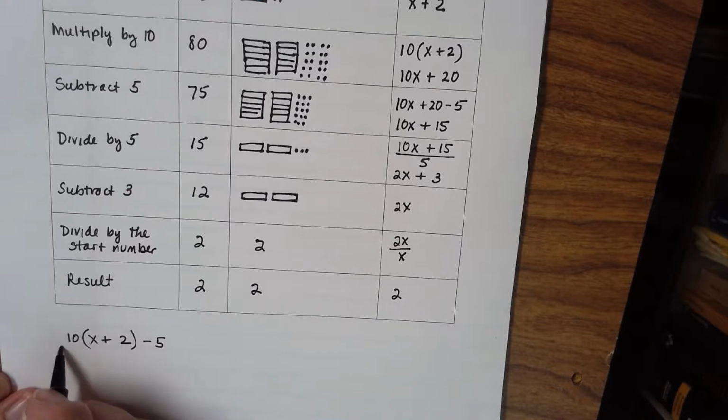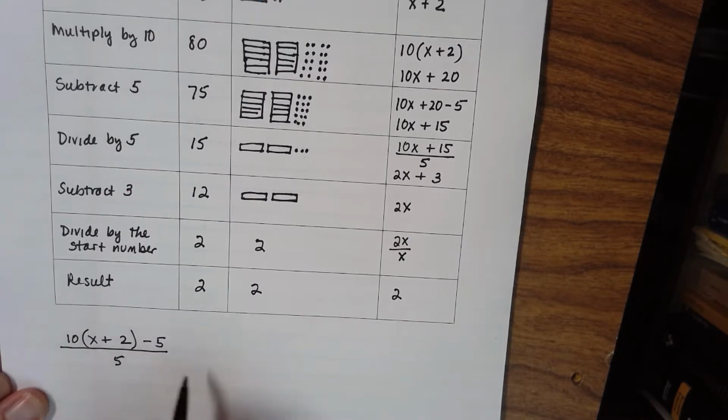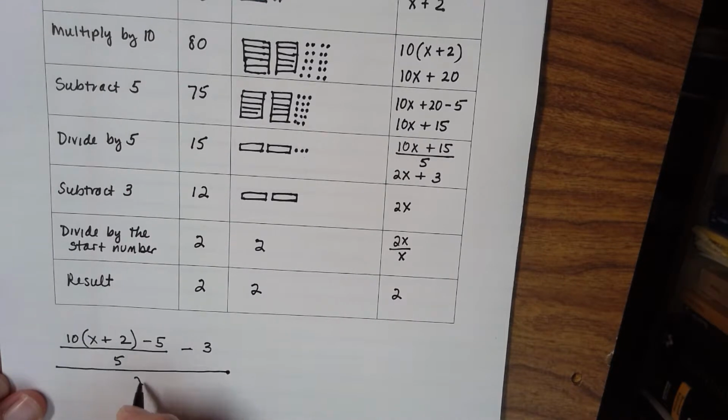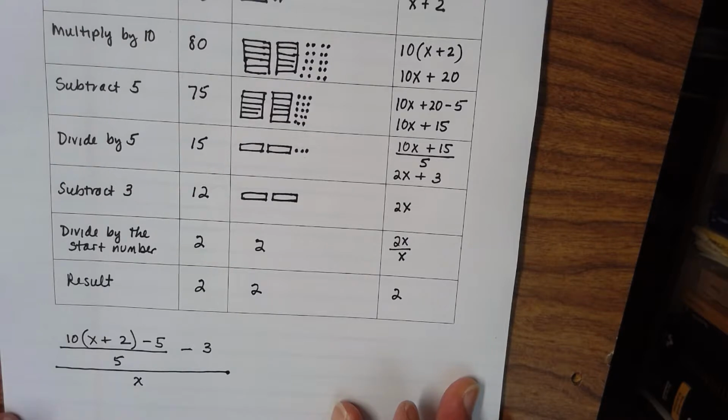Then we divide all of that by 5. Now we subtract 3. Notice that's a separate term after the division. And then divide by the start number. That means we need to put all of that previous work, group that all in the numerator, and put x in the denominator. So this is a pretty complex looking fraction now.